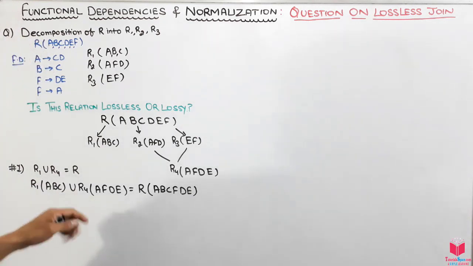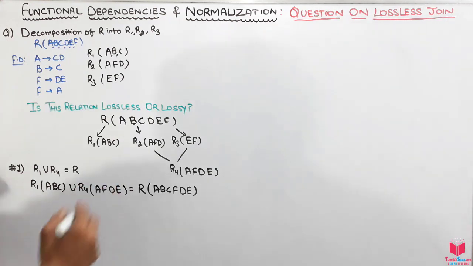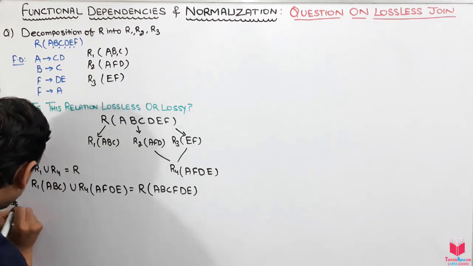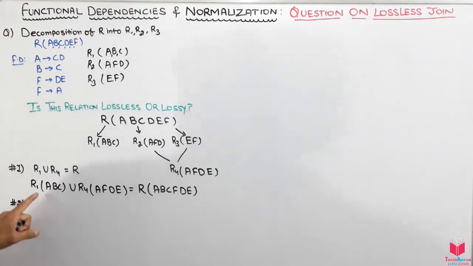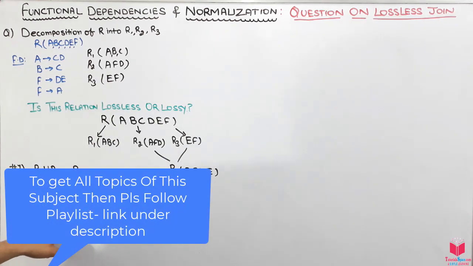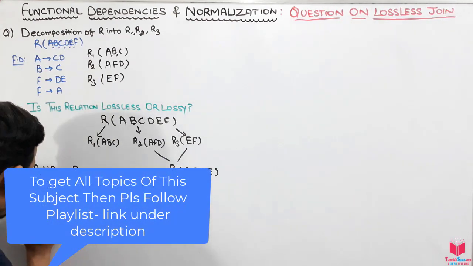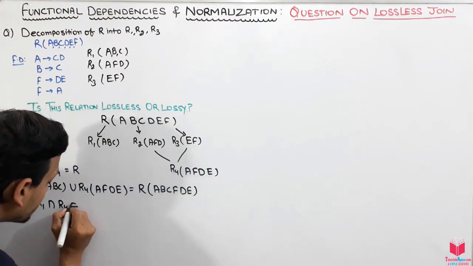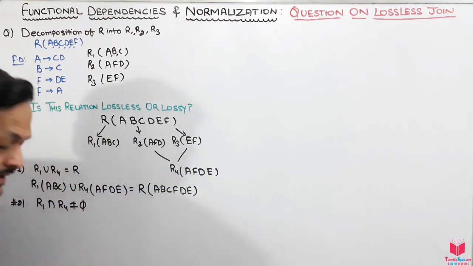The union of the decomposed relations contains all the attributes of the original relation. Now move to the second condition, which says that the intersection should not be equal to phi, that is, empty. So R1 intersection R4 should not be equal to phi.